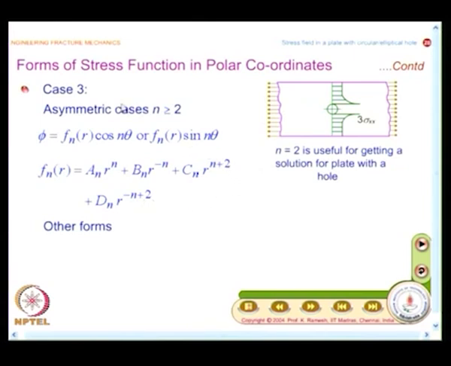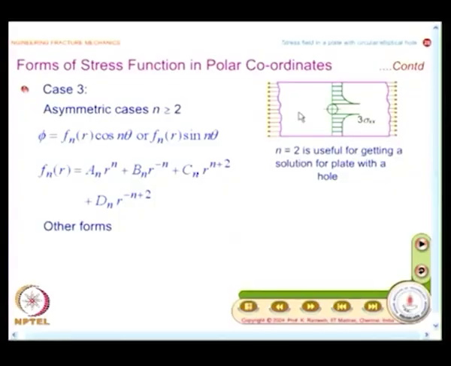This is a useful stress function to solve the problem of a plate with a small hole, infinite plate with a small hole. See, I am discussing this problem using a finite screen, so I have to draw a finite diagram. So, when n equal to 2, the stress function is useful to solve the problem of stress distribution in the case of a small hole in an infinite plate subjected to uniaxial tension.